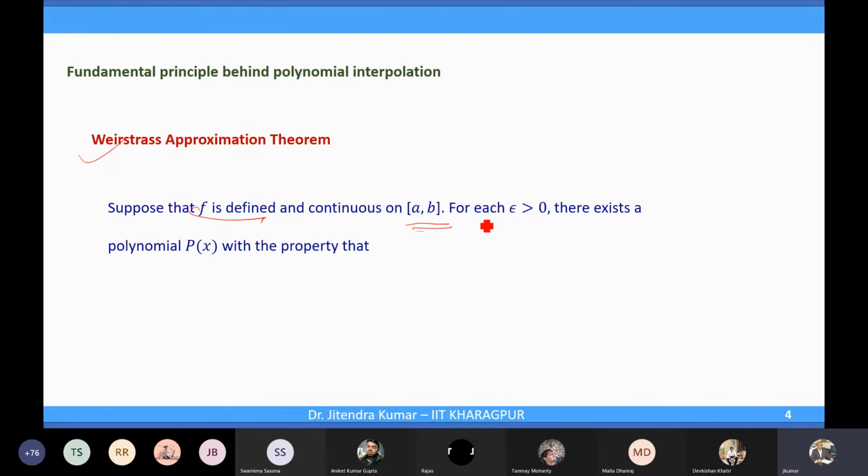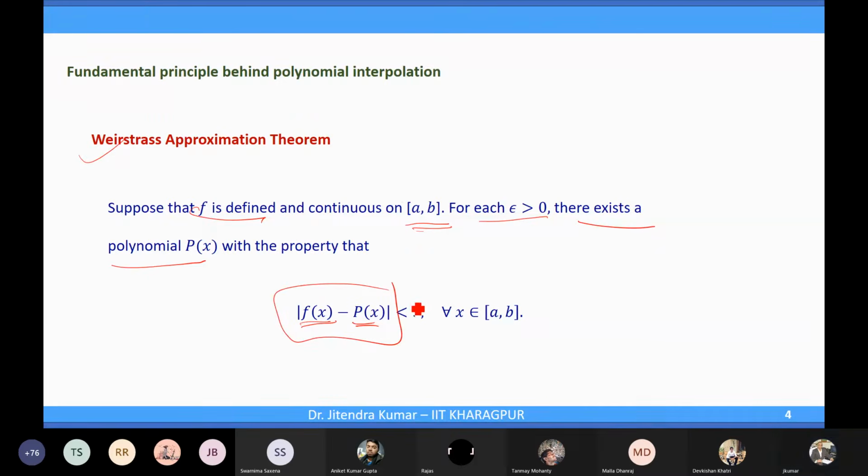Then for each epsilon, however small an epsilon you choose, there exists a polynomial p(x) with the property that the difference between the function and the polynomial is less than epsilon.